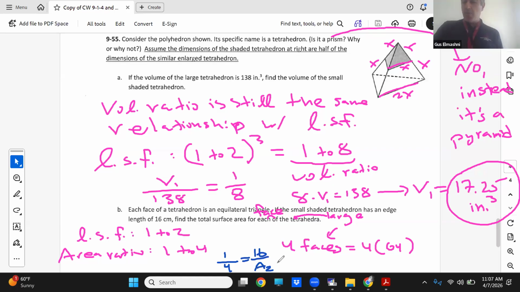If I solve for that area, it should be 64. So that's going to be the new area of each face. And how many faces do I have? I have 4. So if I multiply that, I should get 256.